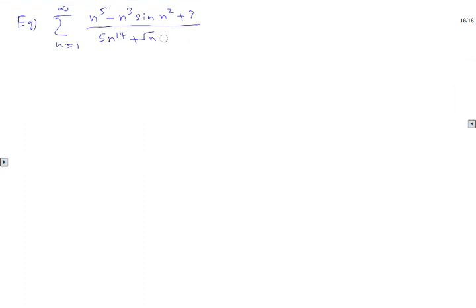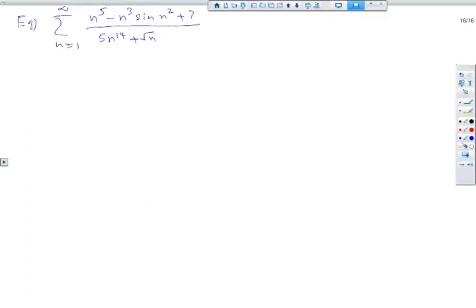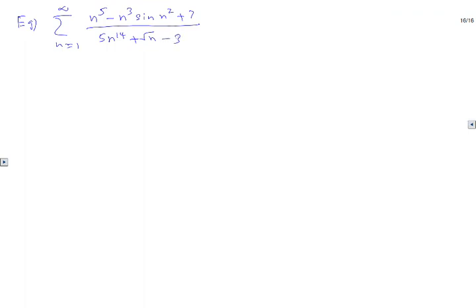It doesn't really matter whether plus or minus here, because we only look at the dominating terms. So you can see that if you get algebraic expressions like that, the best thing would be to use the limit comparison test.